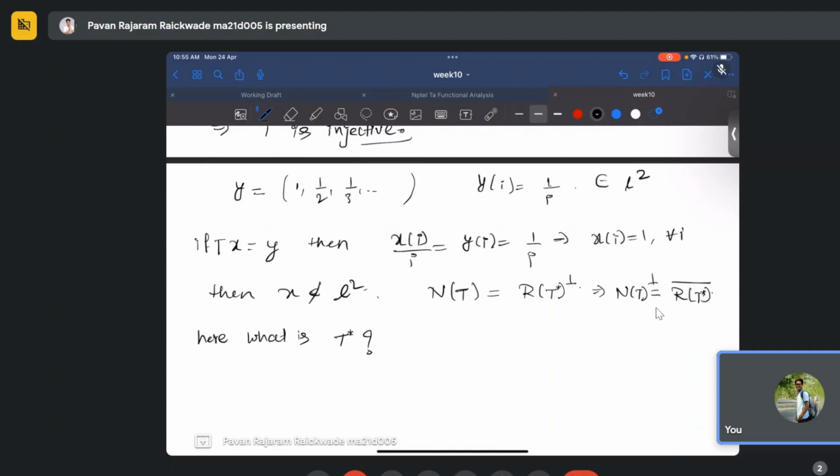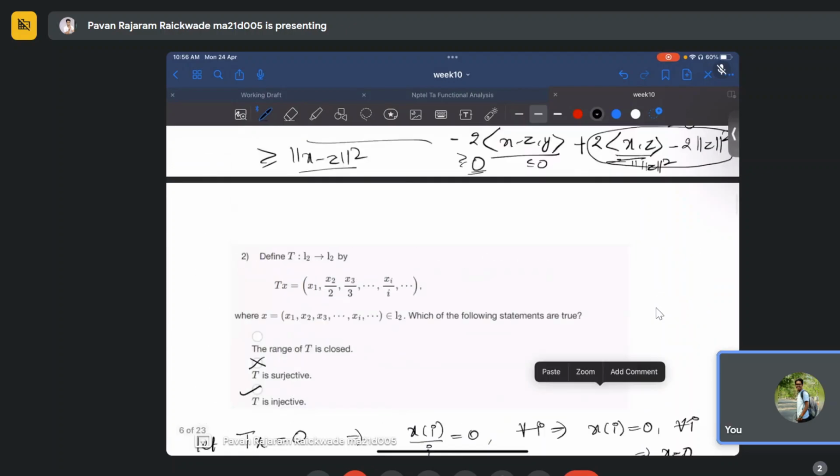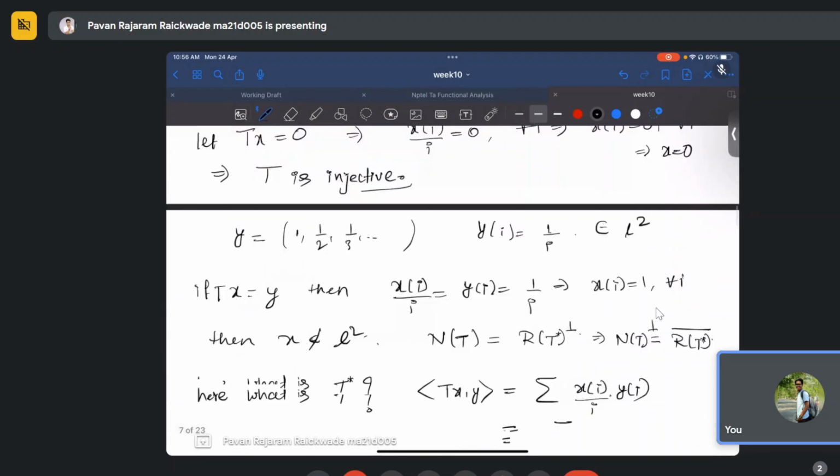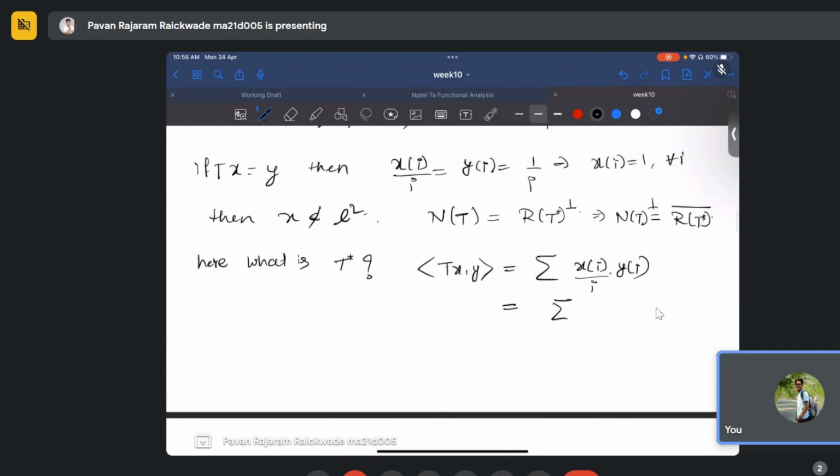Let's see. The inner product of Tx with y is the summation of x_i upon i into y_i. We have a real inner product space, so L2 maybe not mentioned, so we can assume real. So it's the summation of x_i into y_i by i.